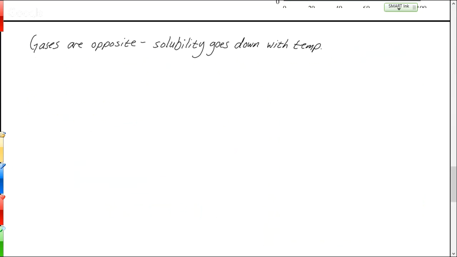So for instance, carbon dioxide, if you've had carbonated beverages, if you have an open carbonated beverage, you leave it out on the table, it goes flat, right? You put it in the fridge, it still goes flat eventually, but it takes a lot longer. So the colder temperatures allow the carbon dioxide to stay dissolved more easily. And that's known as Henry's law.